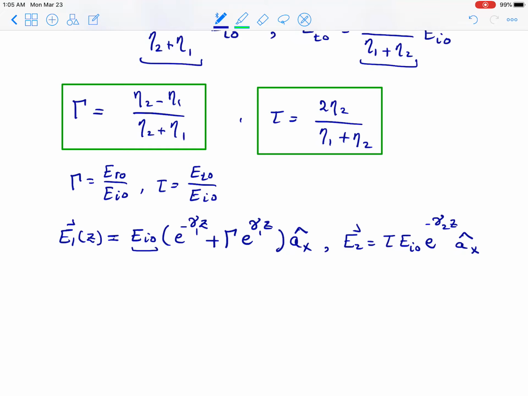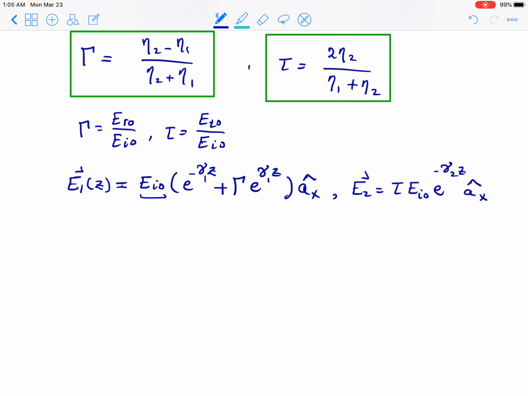Once I know this value and I know the intrinsic impedance of these two media, I can determine the electric field anywhere.